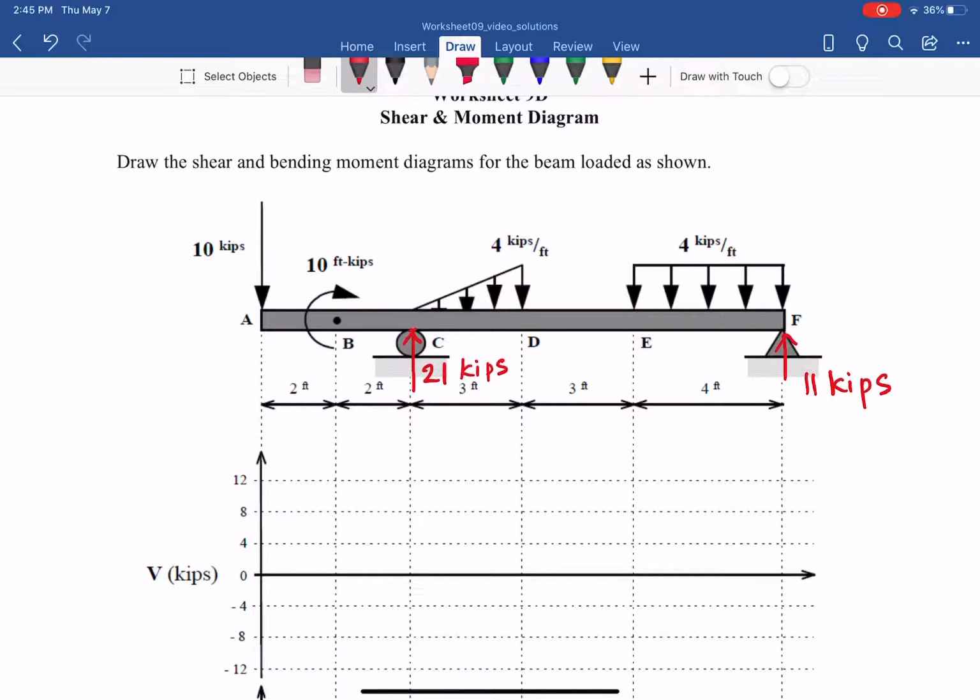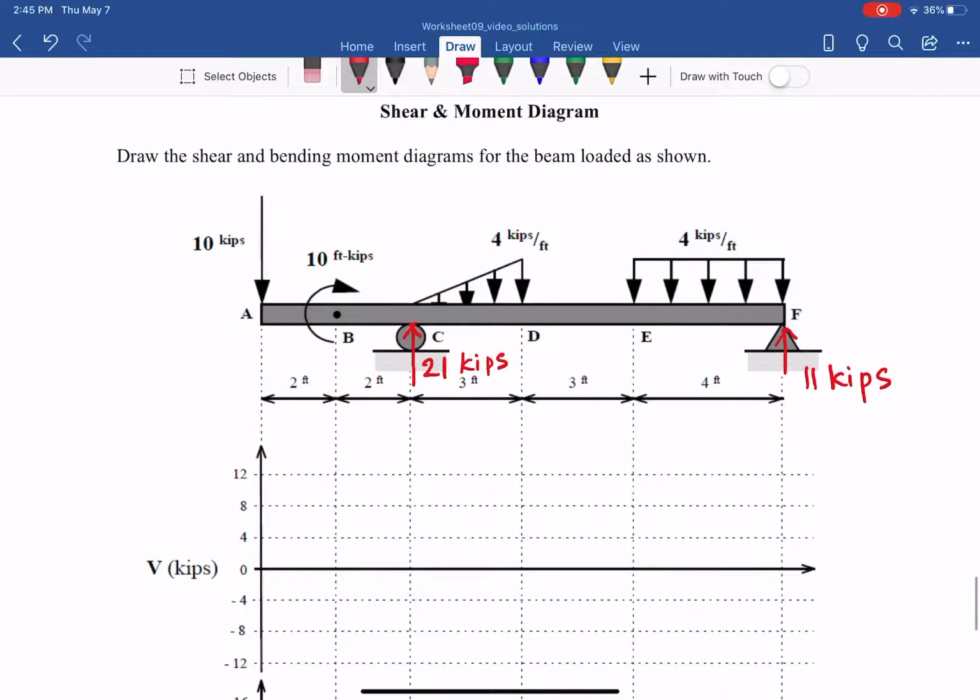So let's start with the shear diagram. We always start from the left and start with 0. The 10 kips keeps going down, so it creates a discontinuity and moves down, to negative 10 here, from 0, because of that concentrated load of 10 kips.